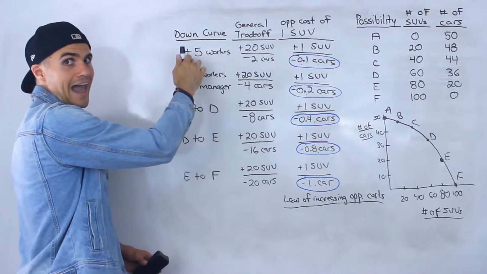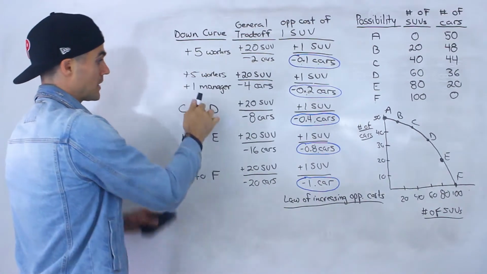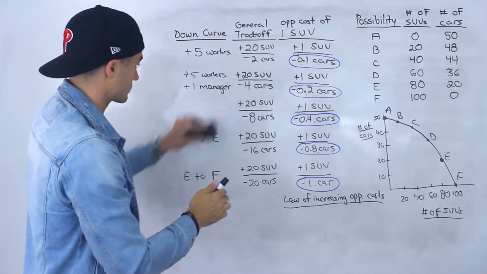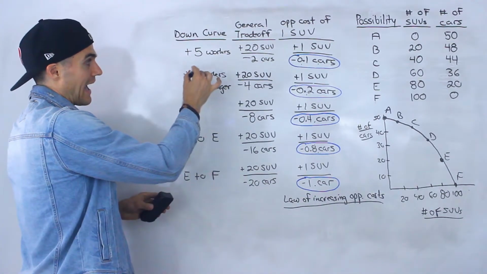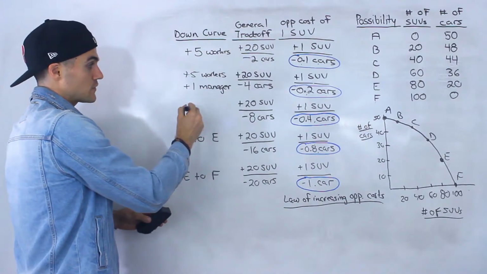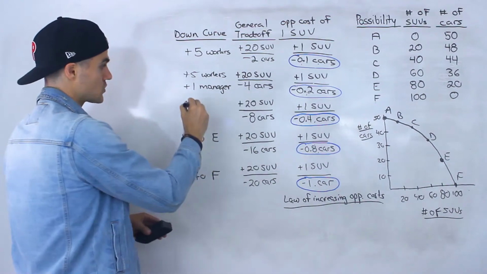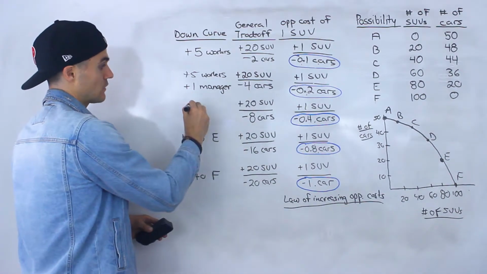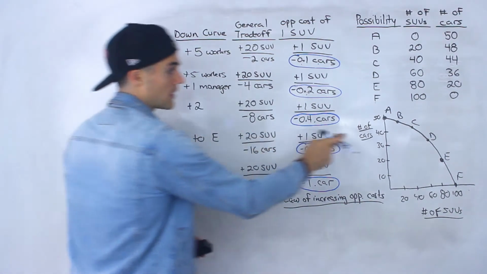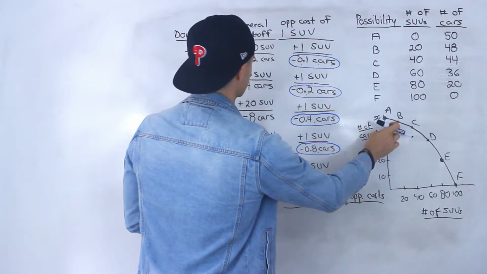And up here, you didn't have to. And then maybe as you move down here, you may not even have any more of these workers to transfer. So now what you got to transfer is even higher quality resources like machines. So let's say you have to now to go from, this was A to B, B to C.